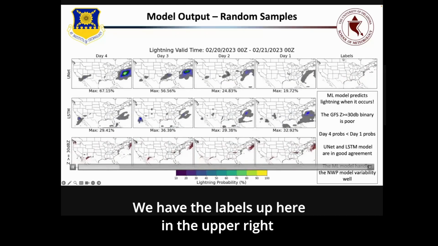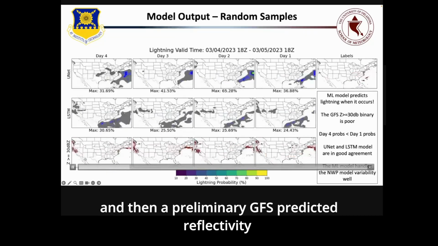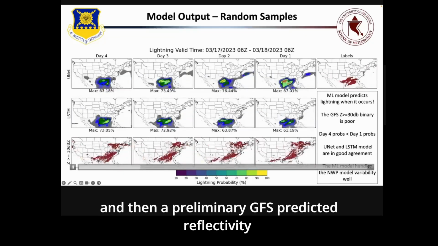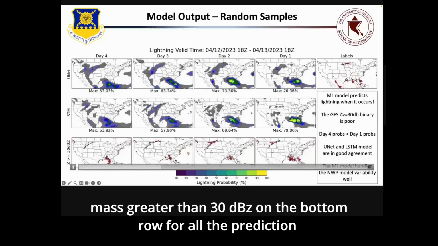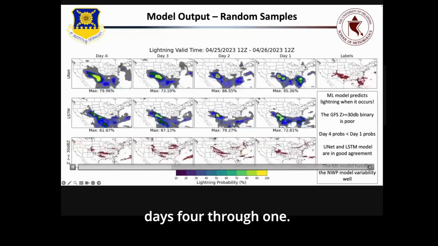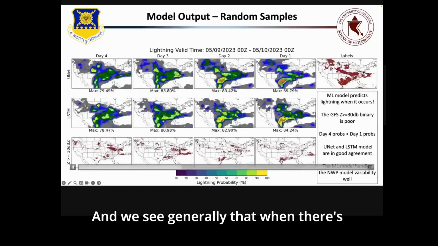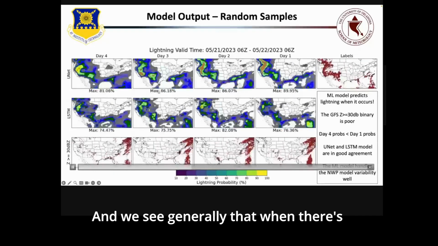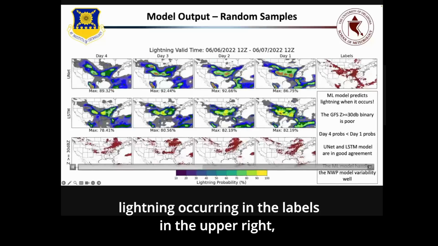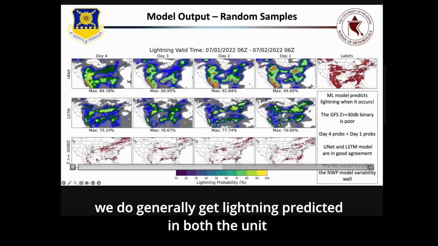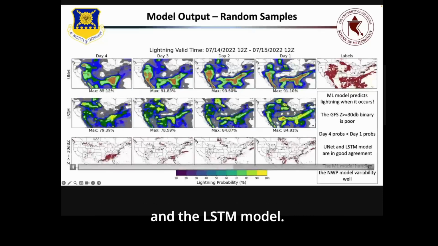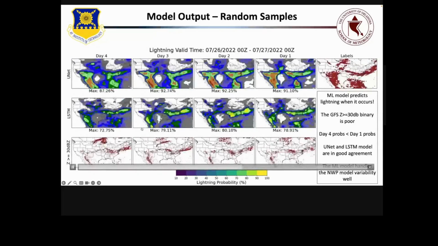It'll play in the background. We have the labels up here in the upper right, and then kind of a preliminary GFS predicted reflectivity mask greater than 30 dBZ on the bottom row for all the prediction days 4 through 1. And we see generally that when there's lightning occurring in the labels in the upper right, we do generally get lightning predicted in both the unit and the LSTM model.